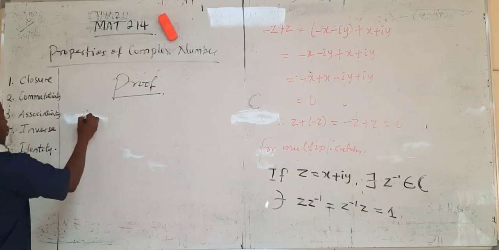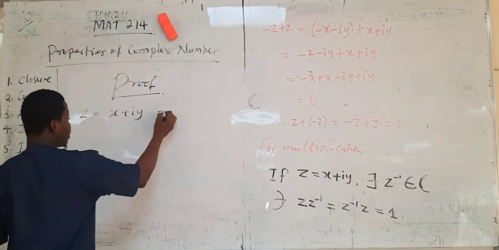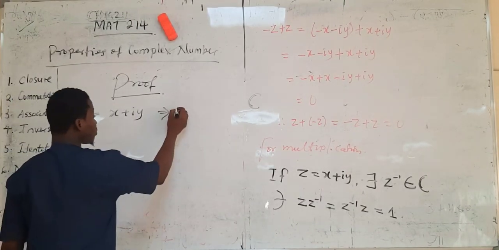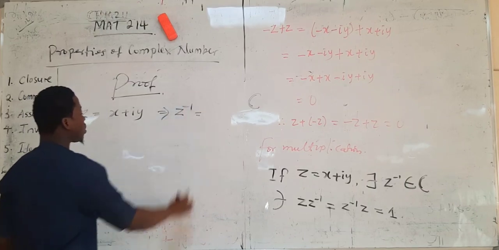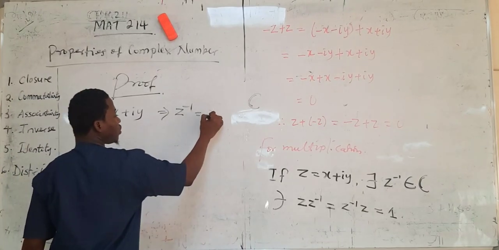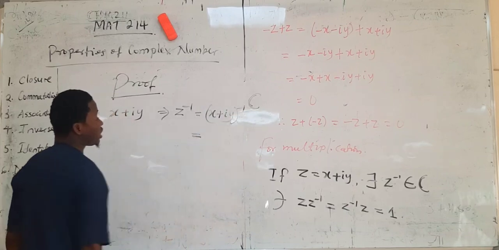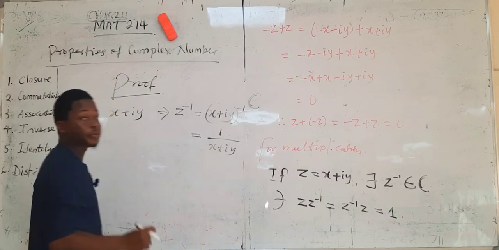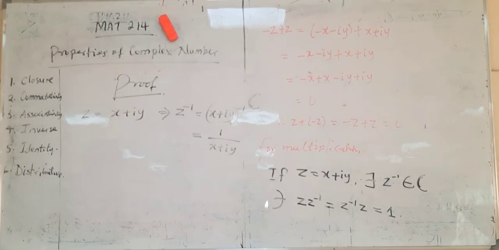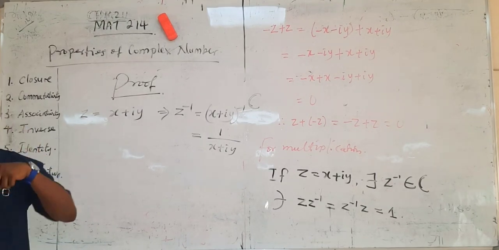So if we have z equal to x plus iy, which implies that z inverse is equal to x plus iy raised to the power of minus 1, which is the same thing as 1 over x plus iy. But remember, the law of indices that you know is also applicable when we're talking about complex numbers.